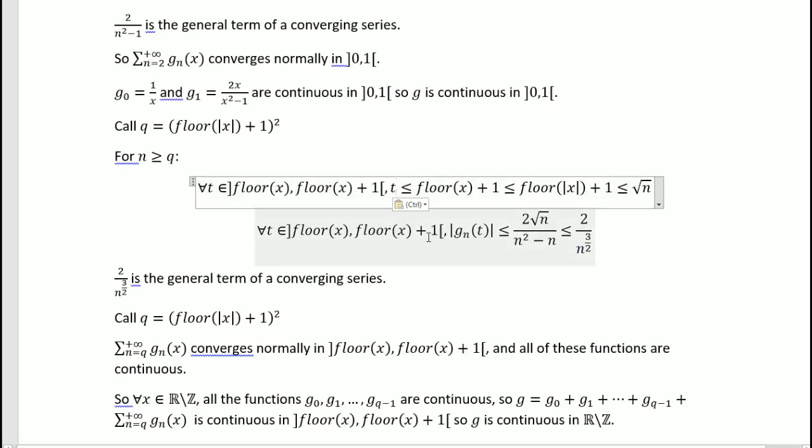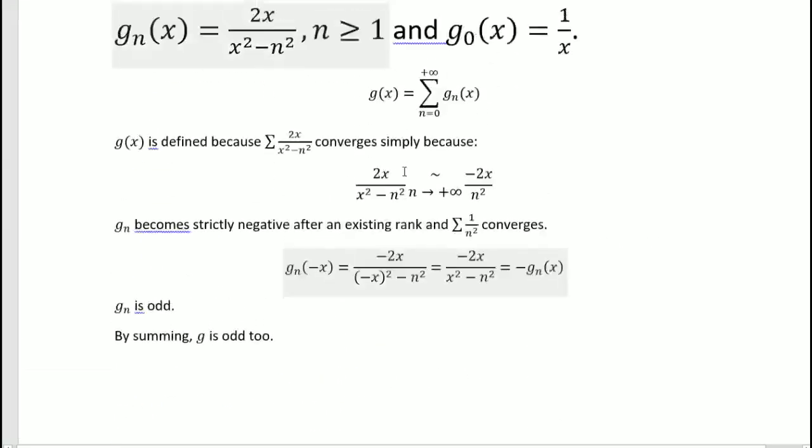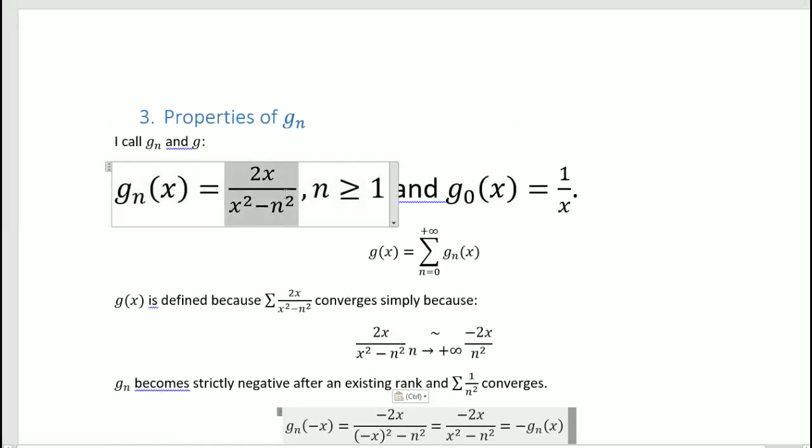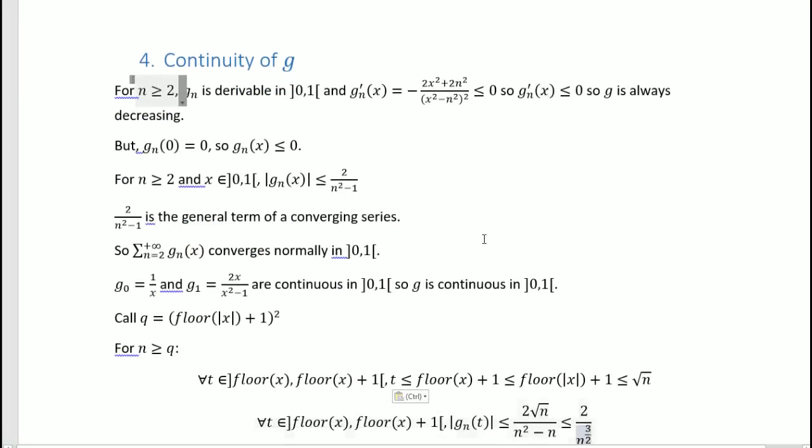So we get this inequality, so g_n applied in T is less than 2 square root of n over n squared minus n. We get it from the formula applied in square root of n. So we get this inequality.